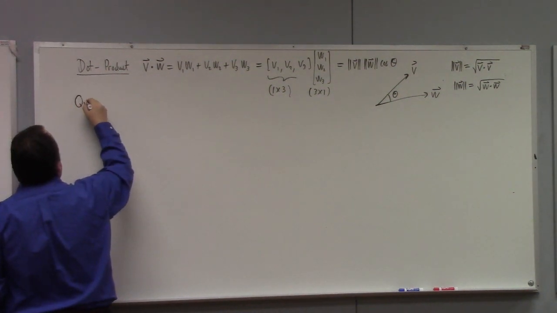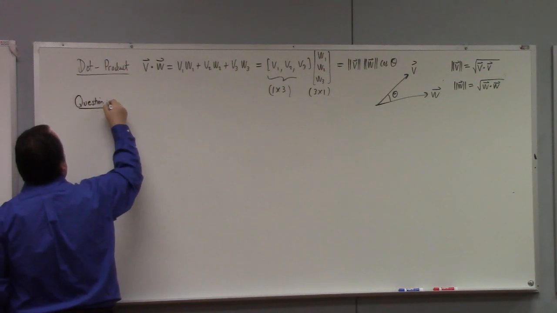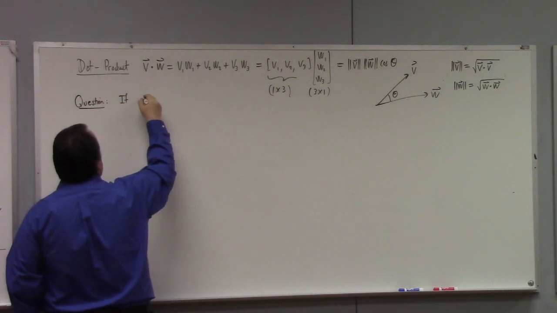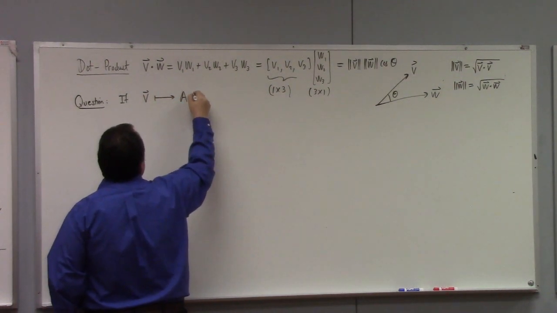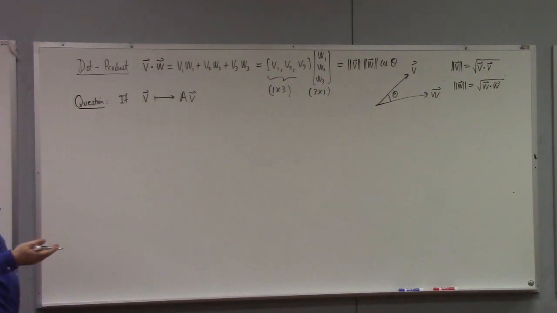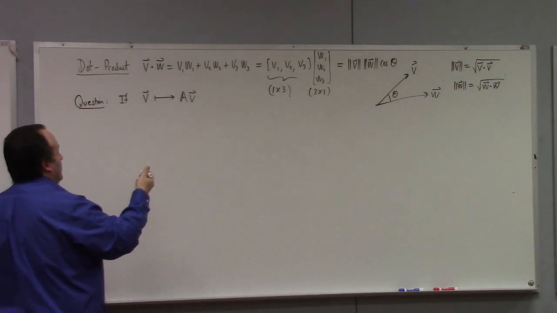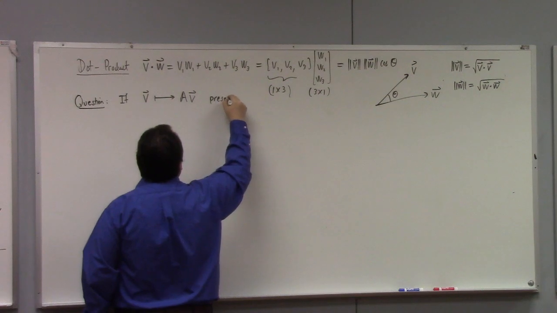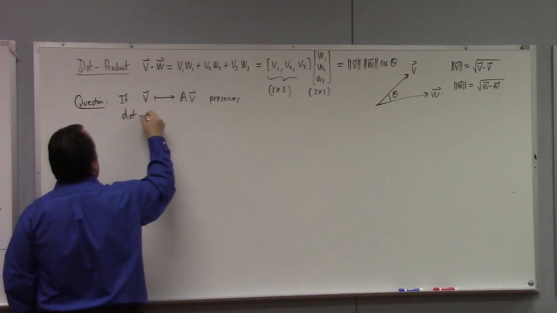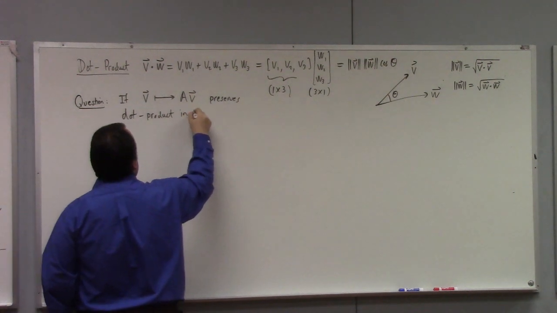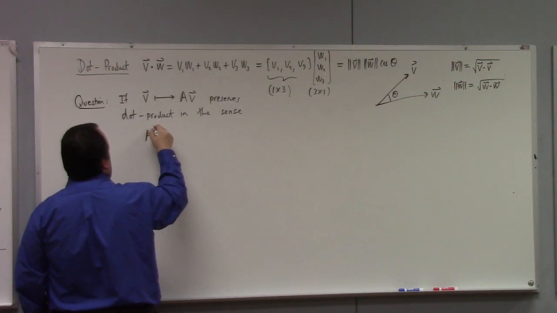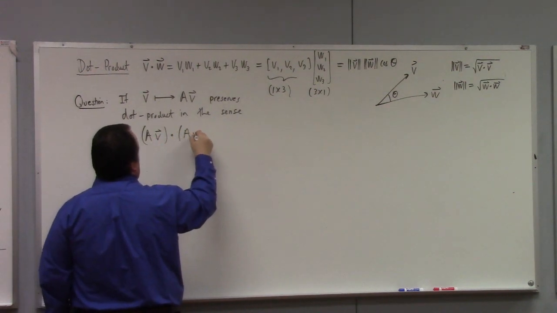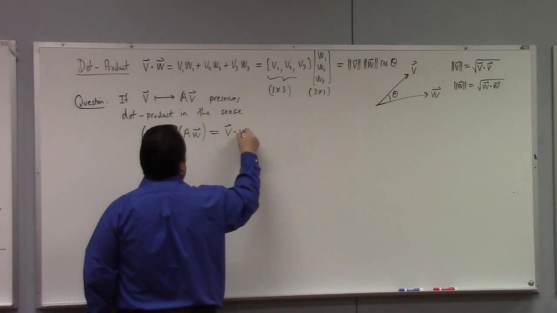Here's the question: if we take the vector v and map it to another vector, A times v, what property of that matrix would we get if it preserves the dot product, in the sense that we have, let's say, Av dot Aw is equal to v dot w?